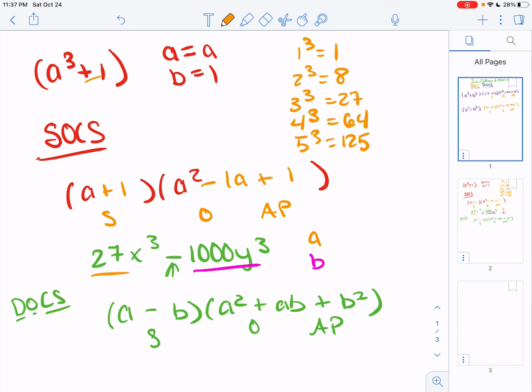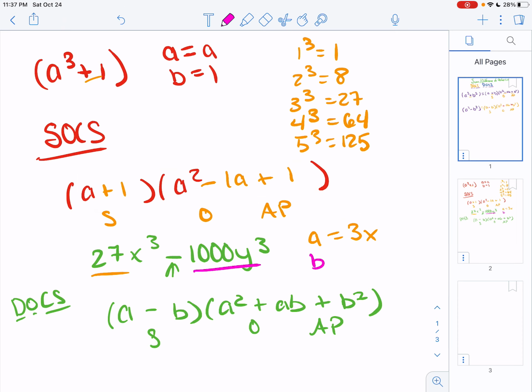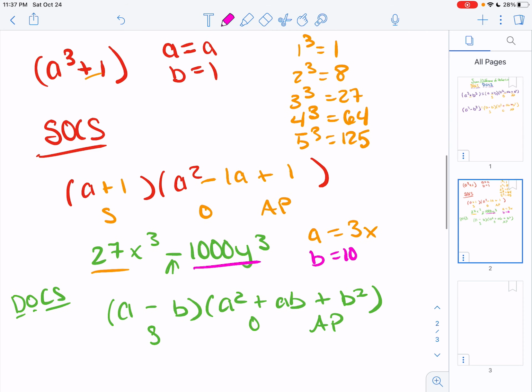So now we can see that the cubed root of 27 is 3. So a equals 3. The cubed root of x to the third is x. So now I have b. That will be the cubed root of 1,000, which is 10, because 10 times 10 times 10 is 1,000. And then the cubed root of y cubed is y. So now I have a and b.